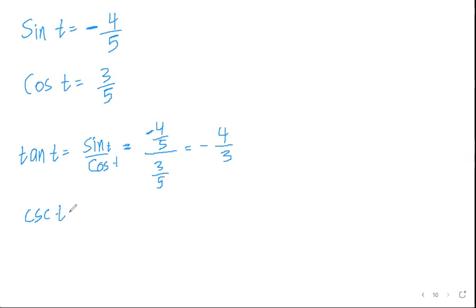Cosecant of t is 1/sine, minus 5/4. Secant of t is 1/cosine, 5/3. Cotan of t is 1/tan, minus 3/4.